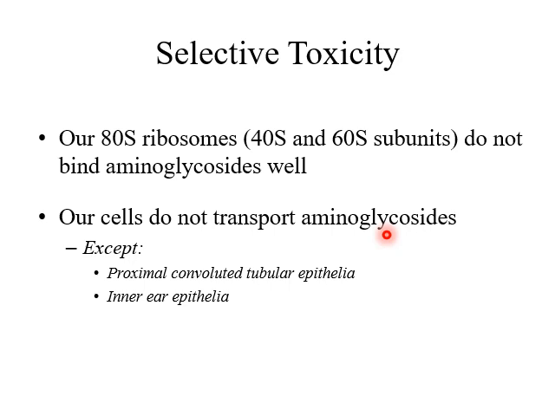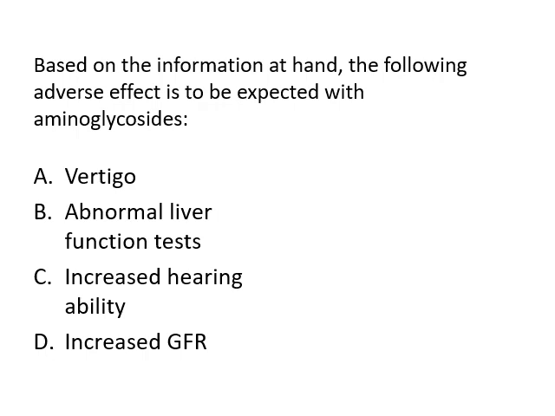This doesn't happen in our cells except in two areas, and that is the proximal convoluted tubular epithelia and the inner ear epithelia. And I think by now you can guess what kind of toxicity we have with those antimicrobials if they concentrate in the kidney and in the ear. And as a matter of fact, I want you to think of this question.